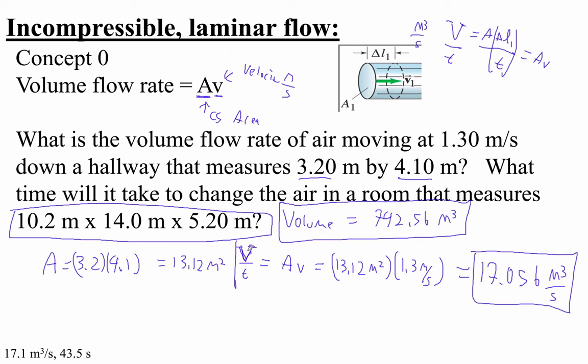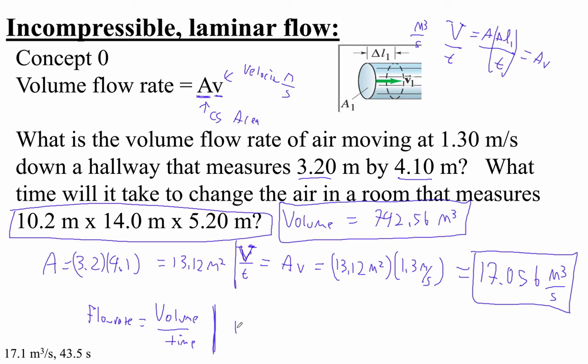And then for the volume flow rate, all we have to do is divide the total volume by the volume flow rate. There's another formula here. Flow rate is just volume over time. So therefore, time would be volume divided by flow rate.